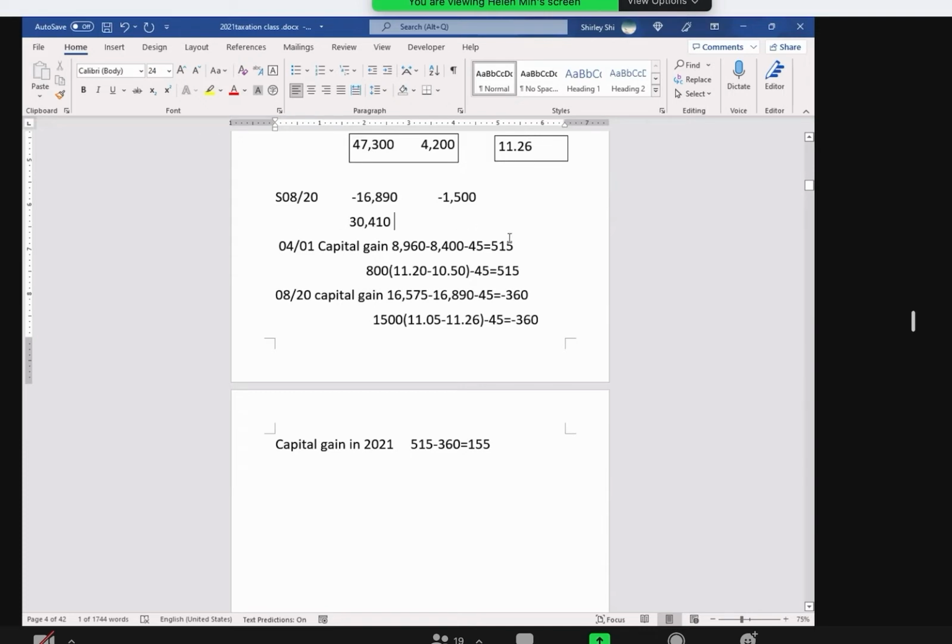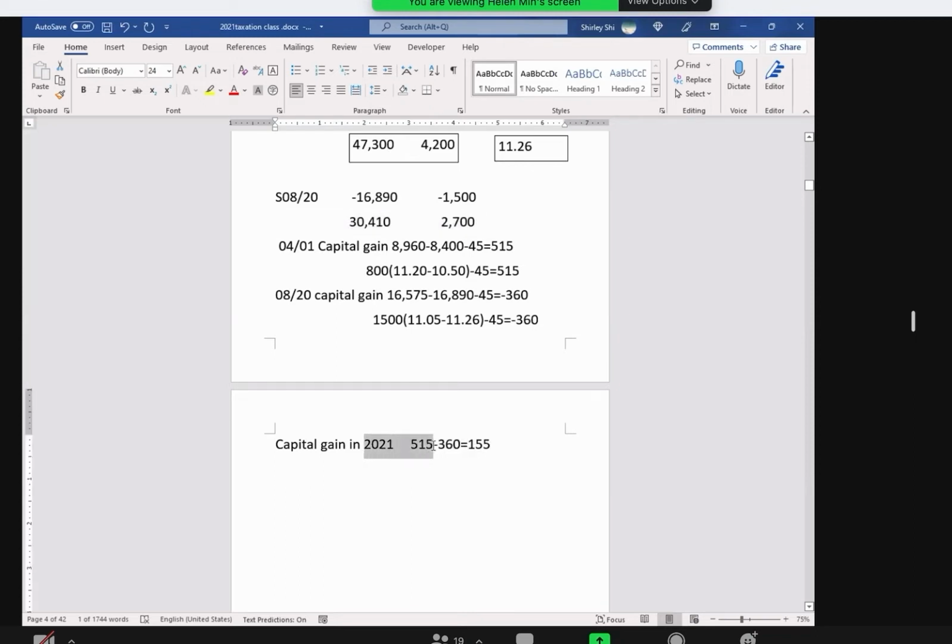So what shares you got, how many shares you have left: 4,200 subtract 1,500, so it's 2,700. So that's what is left, which is in your account. But in 2021, the capital gain is 515.